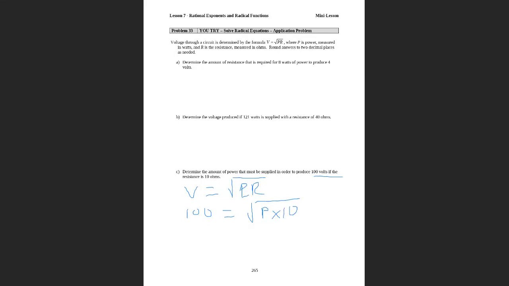Now, we square this, we square that. That cancels that. So I'm going to have 10P equals 100 squared. I divide by 10, I divide by 10. So my P now, with the calculator, is 1000 watts. And that's it.